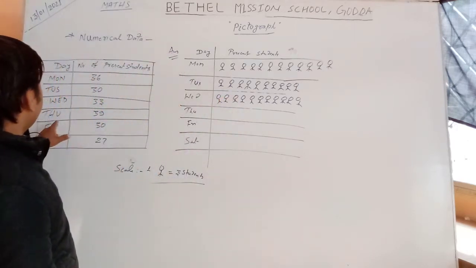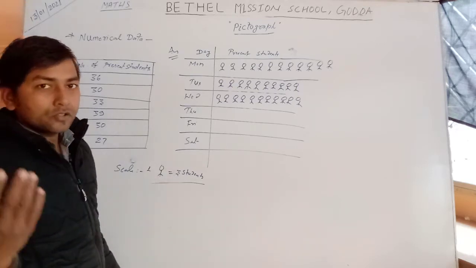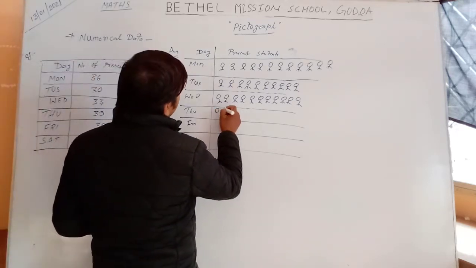And Thursday 39 divided by 3, so you have to draw 13.